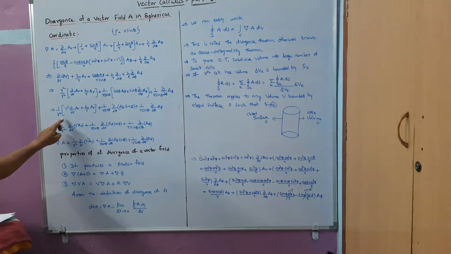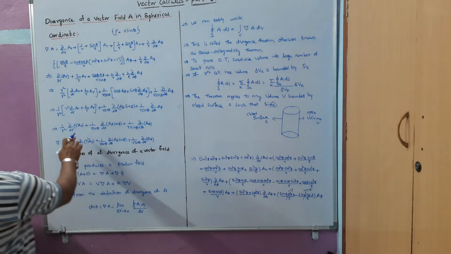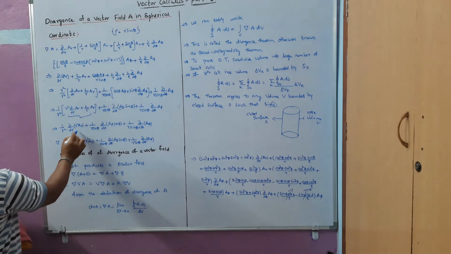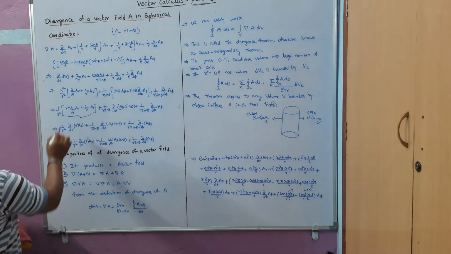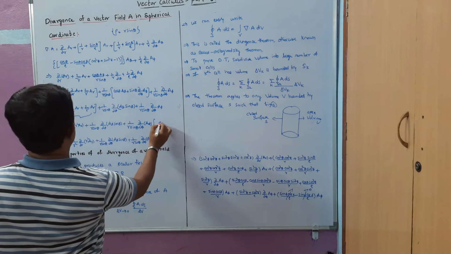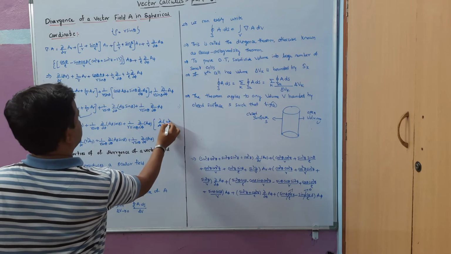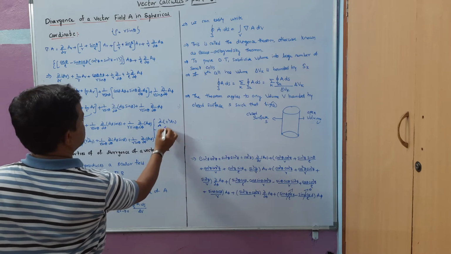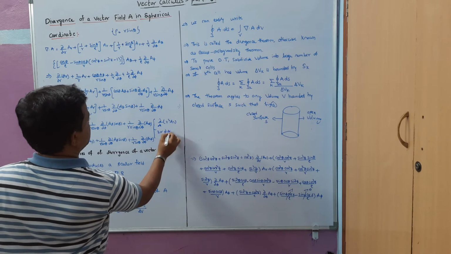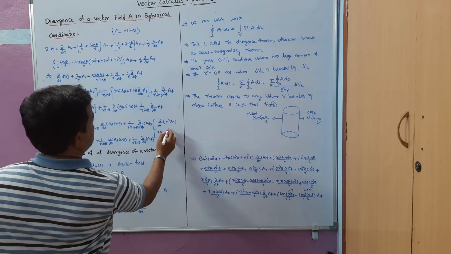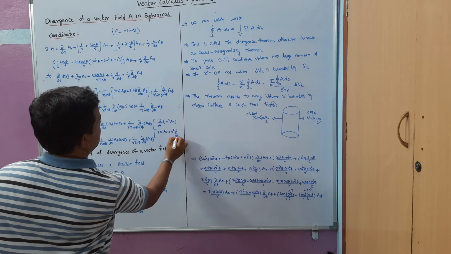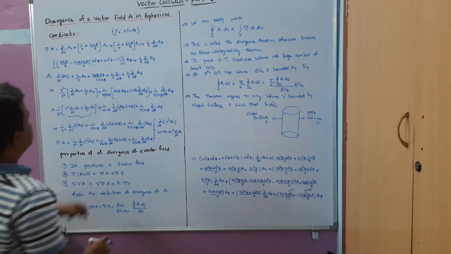From this I am going to apply this formula, that is dou by dou r of r square into A r. If I apply the uv formula, we get 2r into A r plus r square into dou by dou r of A r, okay. So I get this one only.